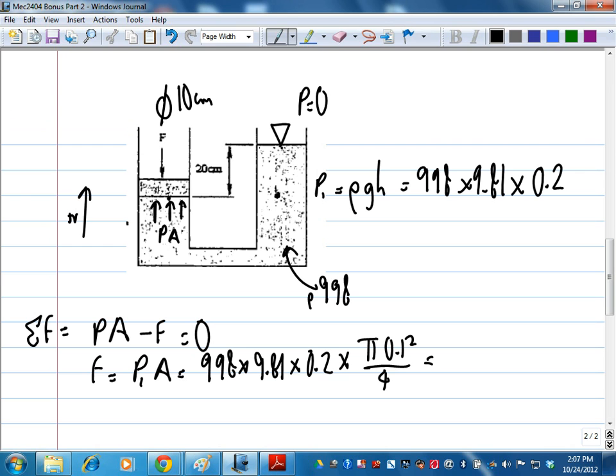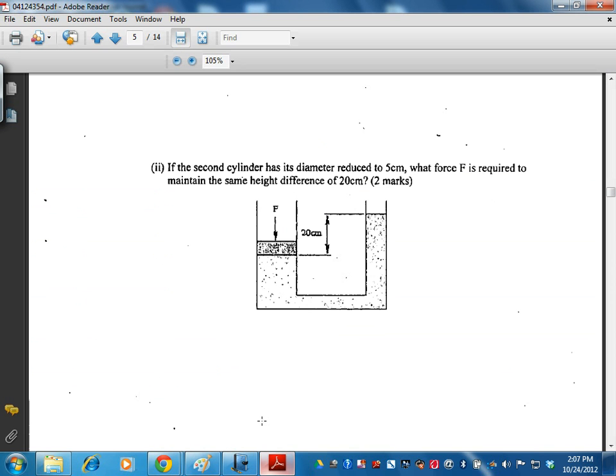And the second part asks you, does it matter if you shrink the column on the right hand side? Yeah, no. Okay, what's the answer to this one? 15.4 newtons. Is that right? All agree? Okay, part B asks, does it matter whether this cylinder on this side gets shrunk by half or whatever?